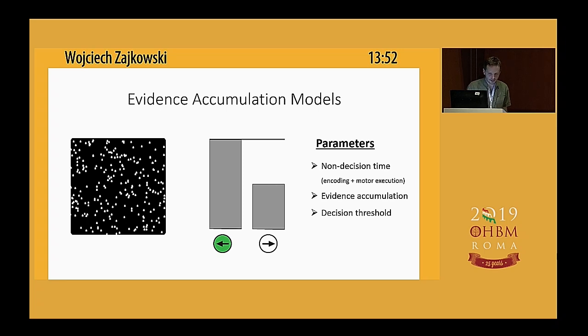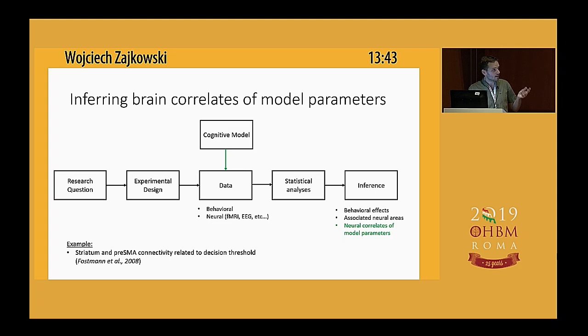Okay. So let's assume that we use this model as a generative model of the decision-making in this particular task. Then we can take this model, fit it to the data, perform statistical analyses on the parameters of the model, and then come up with some inferences. I'll give you an example from a famous work from the field, from Birte Forstmann, who is one of the guests here, unfortunately absent today.